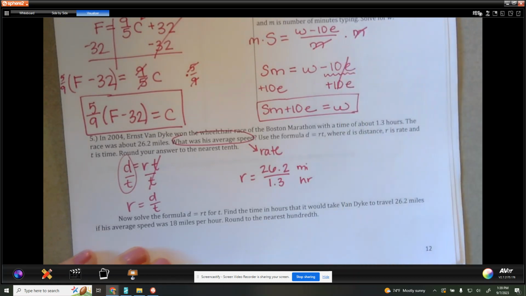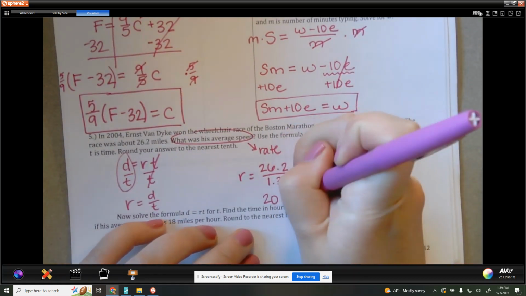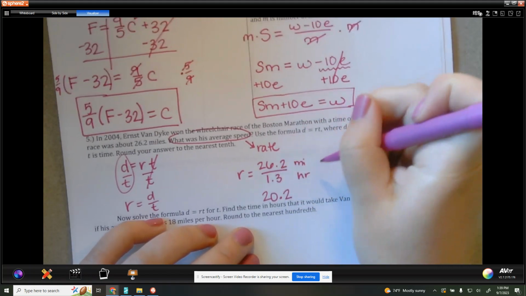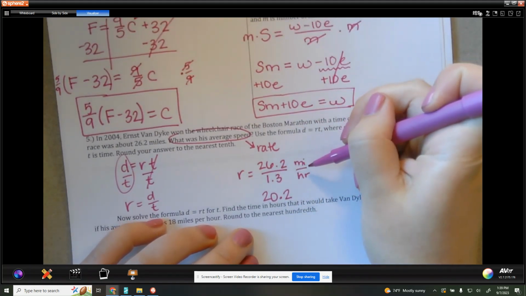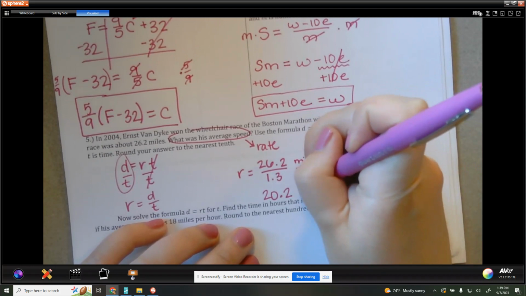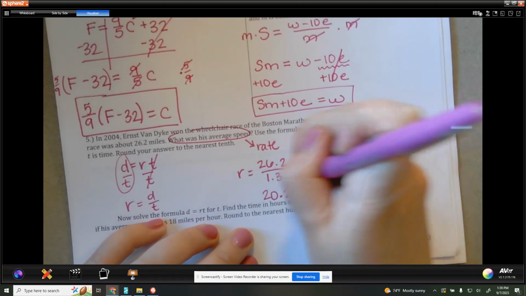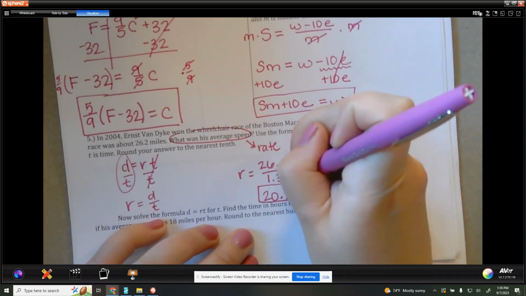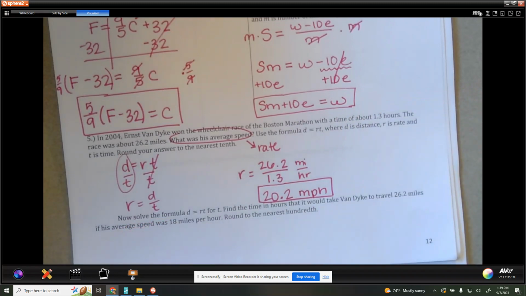He was going about 20, I'm just going to round to 20, and this is in miles per hour, right? So he was in his wheelchair going 20 miles per hour. Wow, that's really, really fast and kind of scary. Very fast marathon.